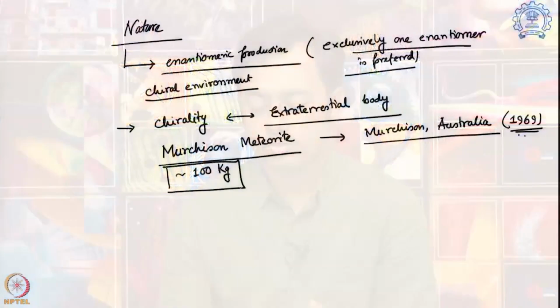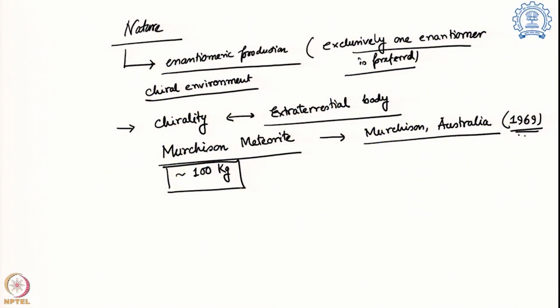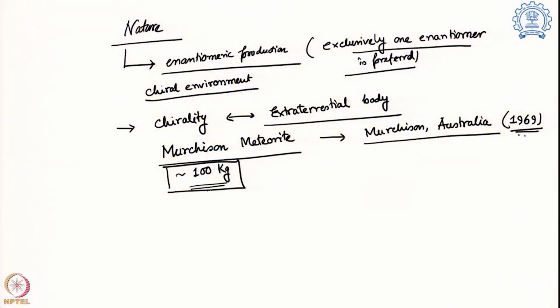But over here some of them survived in large enough quantity so that we can do a lot of experiments. The Murchison meteorite is one of them. When this meteorite hit the earth at Murchison, it got fragmented and some of the fragments are in grams, milligrams, some of them are larger amounts like 7 to 10 kilos, and all together when combined it is a 100 kilo mass unit.